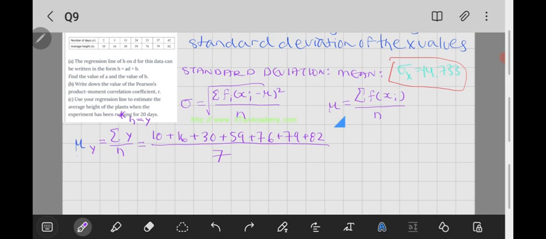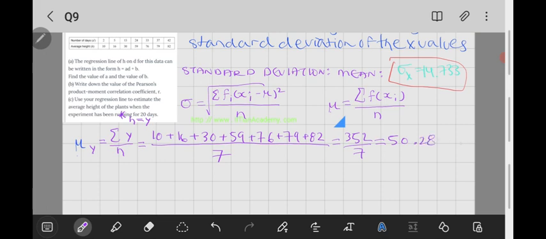When we calculate this, we get 352, and that is divided by 7, which gives us 50.2857.